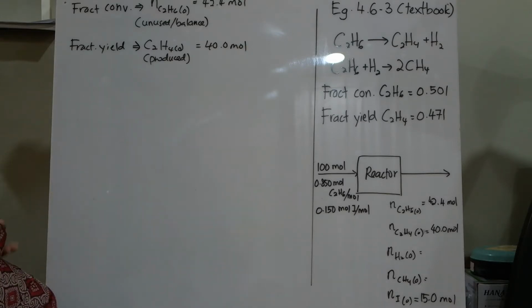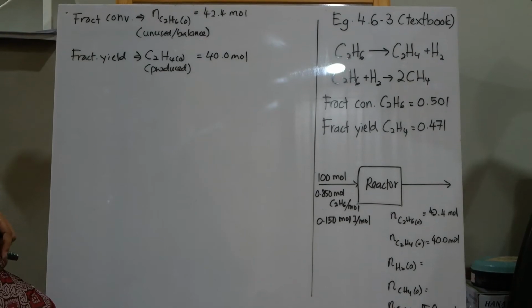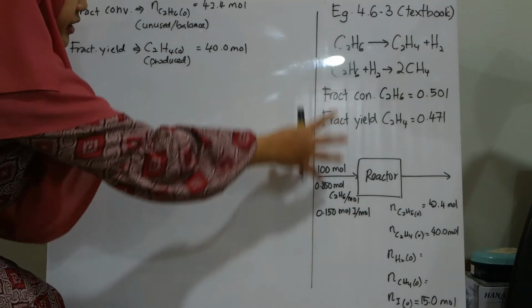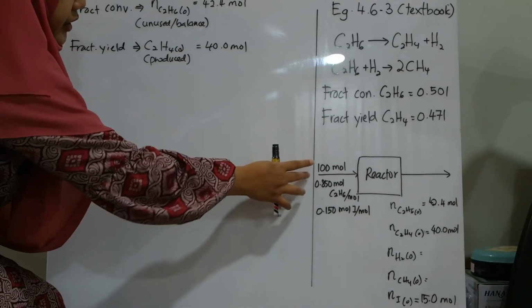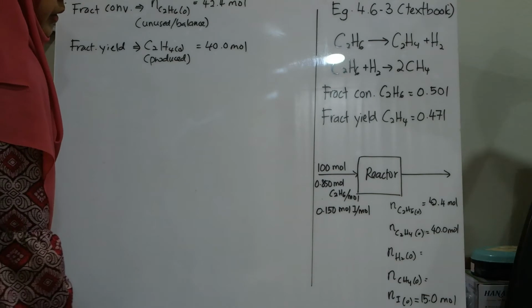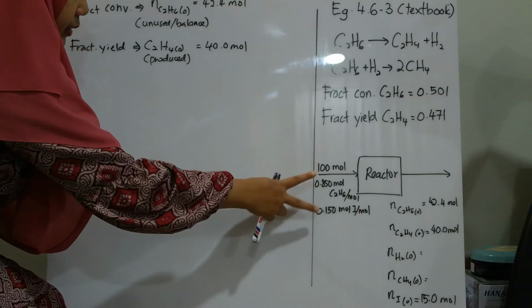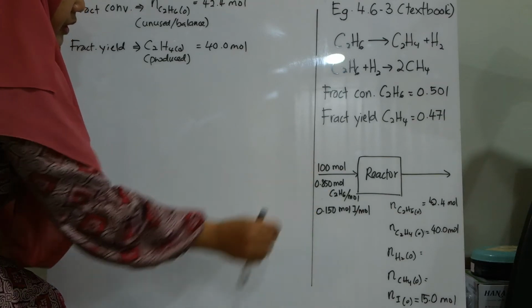In the previous video, we actually did example 4.6-3 in your textbook. From the textbook, the method used to find the unknowns in the question was extent of reaction. This is a summary of the textbook that I have written here. This is the process, and this is the information given, and we draw the process flow diagram, right?